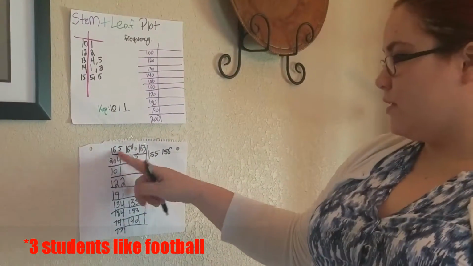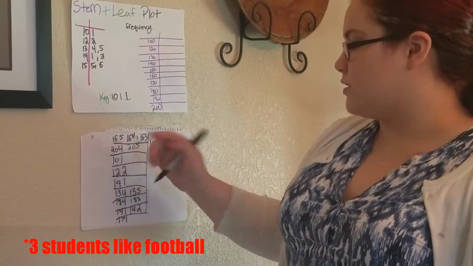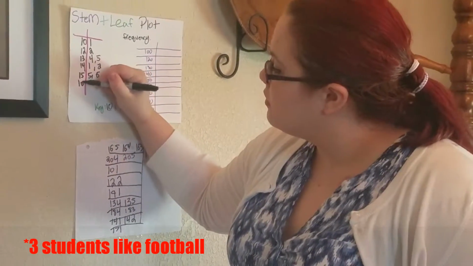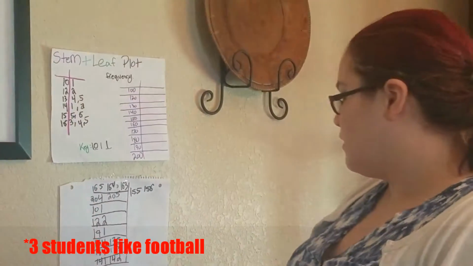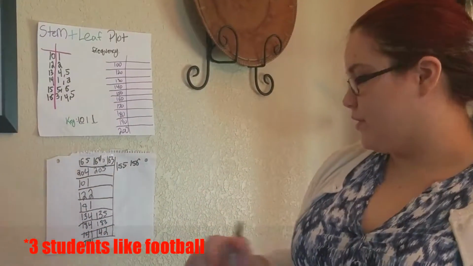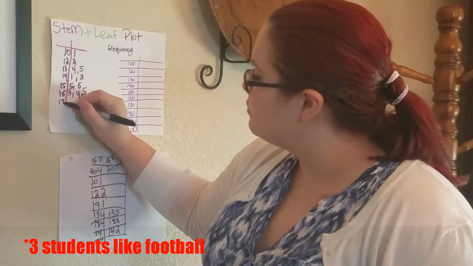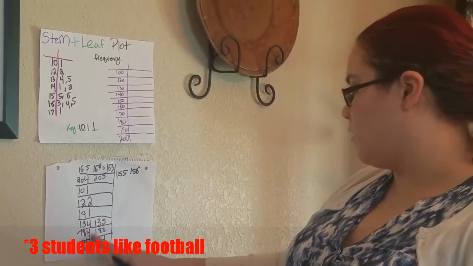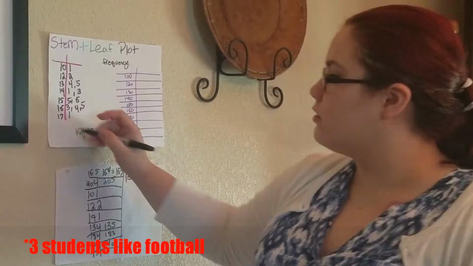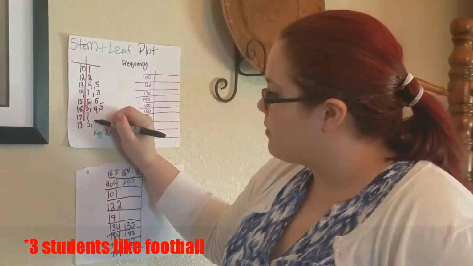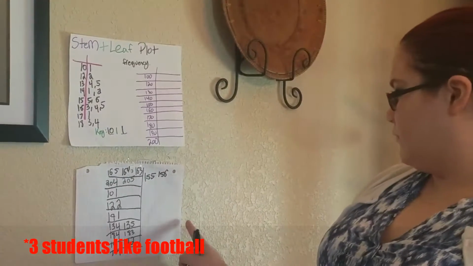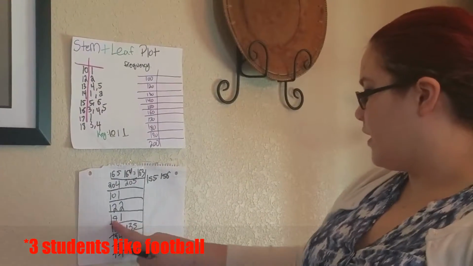And then we have our 160s, 163, 64, and 65. Now our 170s, and we just have one of those, 171. Now our 180s, we have 183, 184. Remember we're putting a comma. Do we have any 190s? 191.